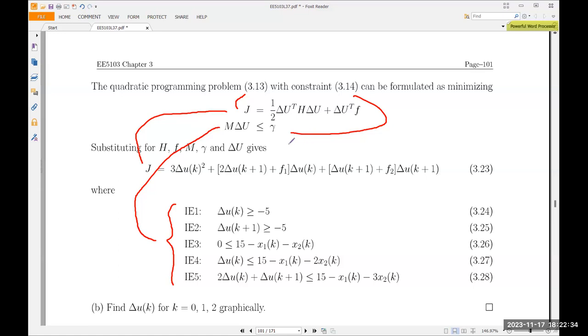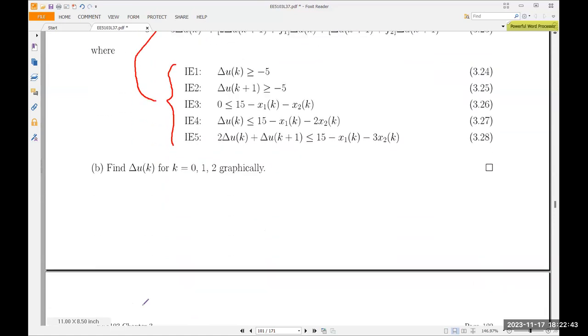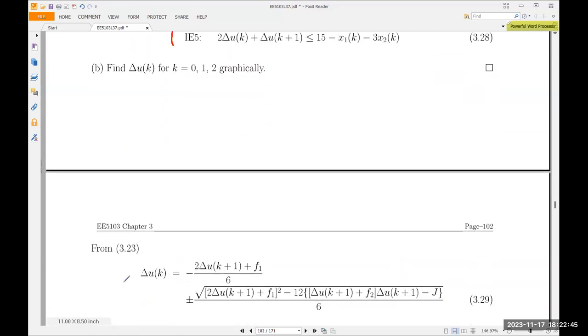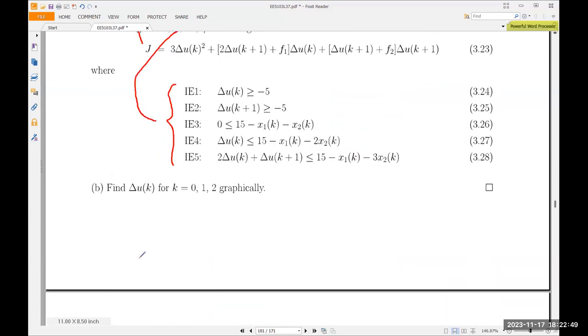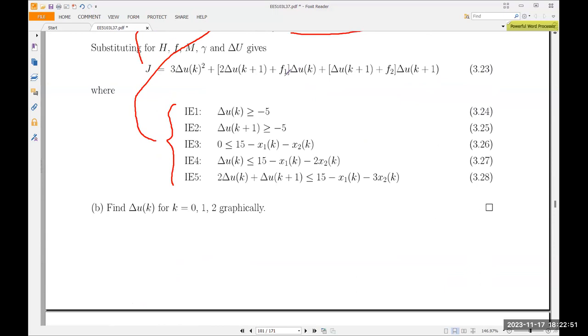We see what is meant. So we calculate for K0, K1. Okay, so let's look at K0, K1. So from 23, so 23 is this. Okay, you put J into this side, then it is equal to 0.